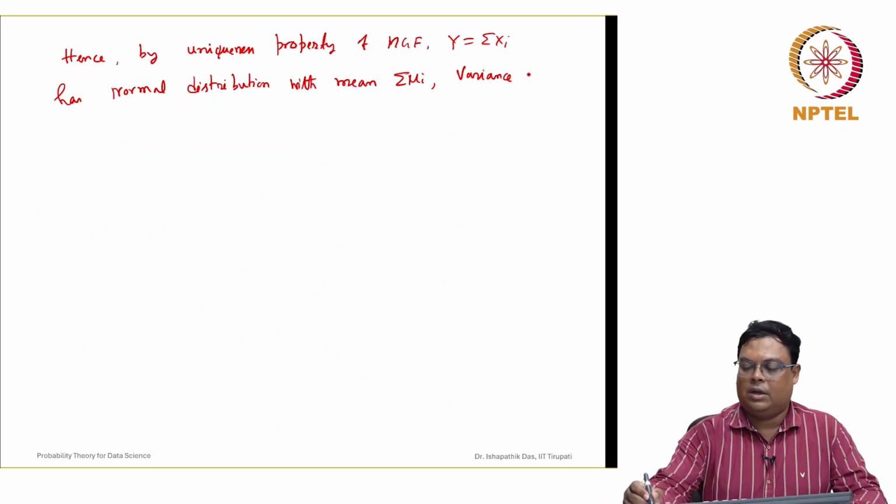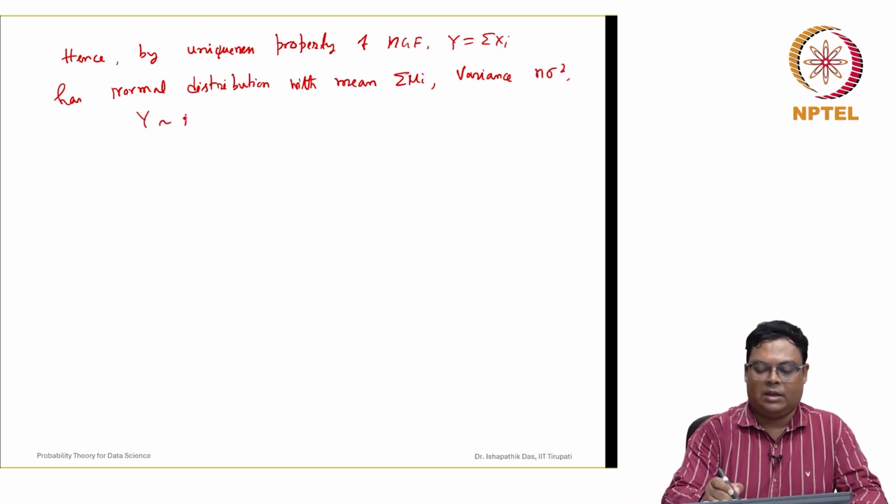So this is variance n sigma square. That means Y has normal distribution with mean summation of mu_i and variance n sigma square.